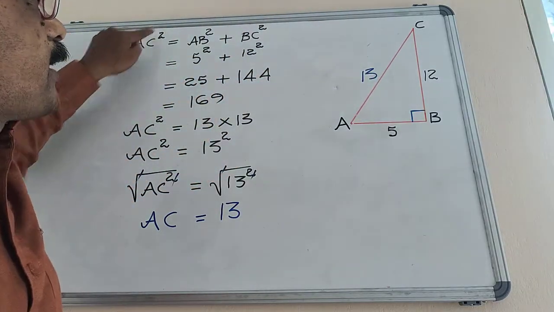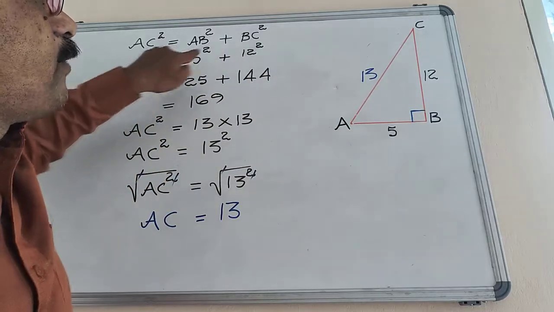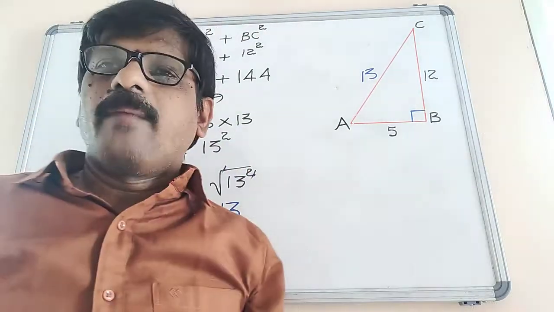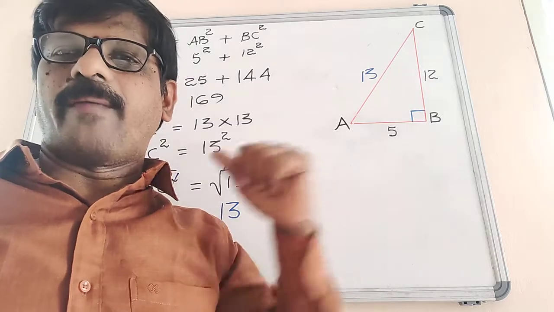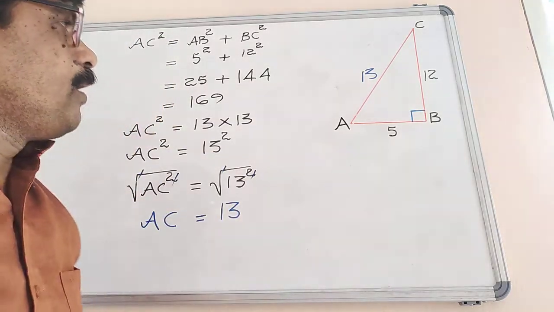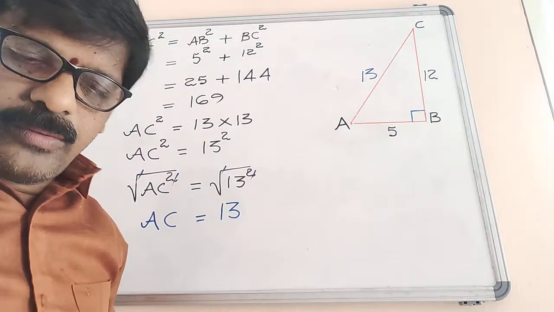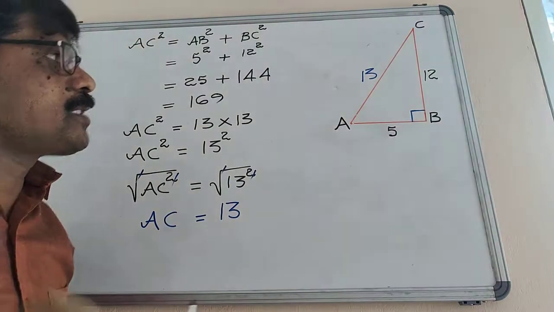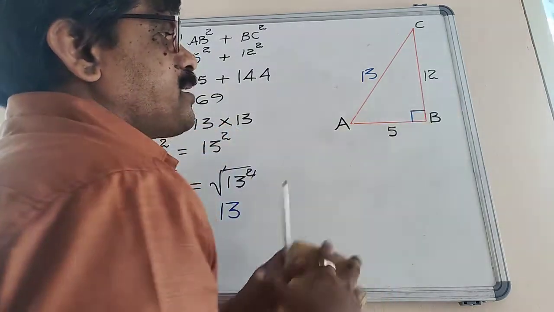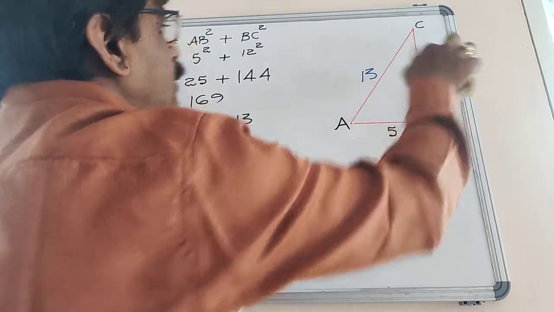Now we can write 13 square equals 5 square plus BC square. Then you have to find BC in the same way.